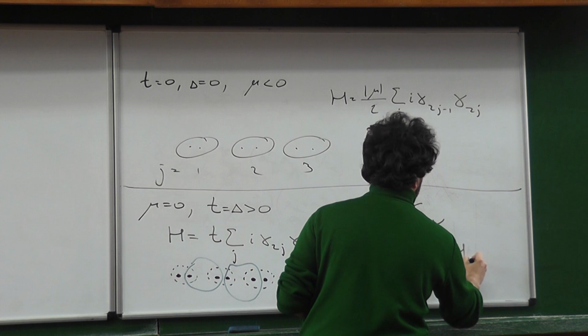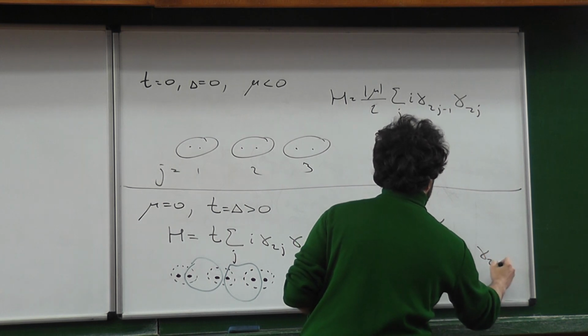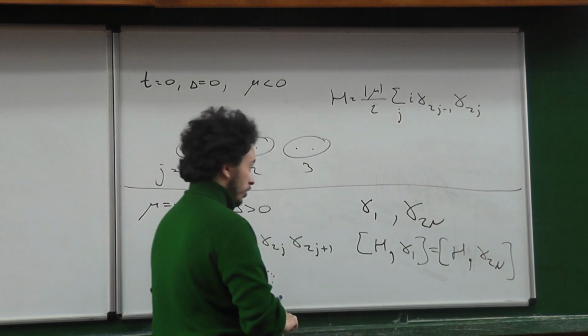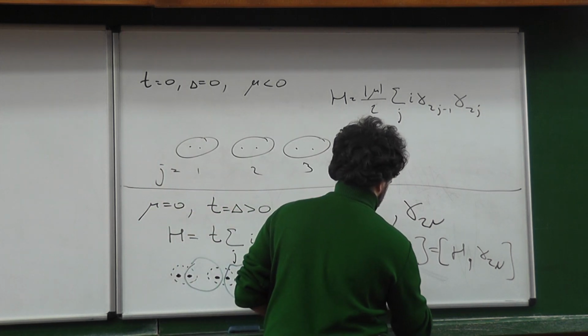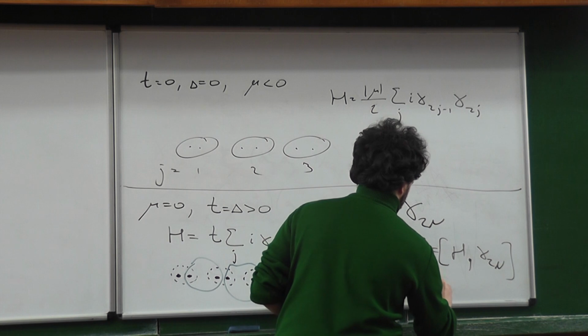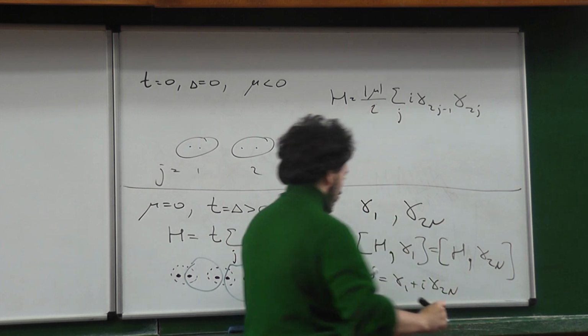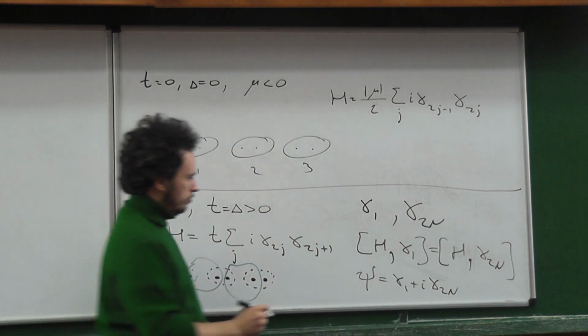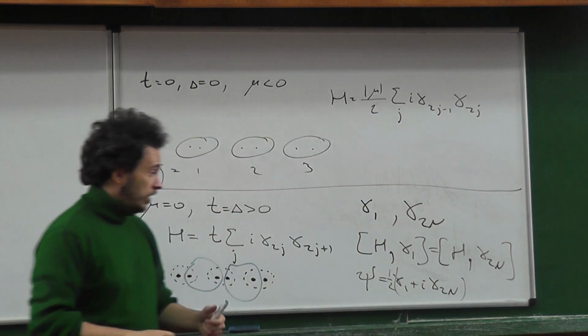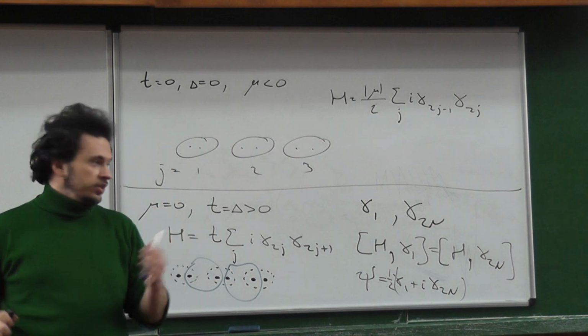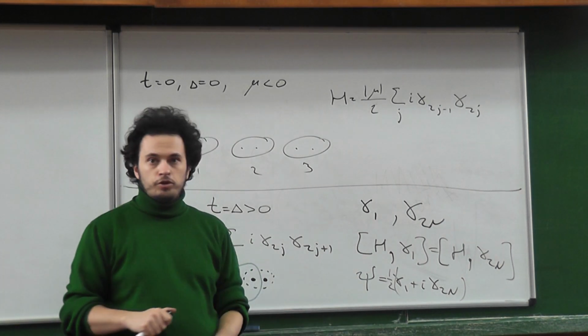They commute with the Hamiltonian. So I can form a fermion out of them, and this fermion operator is going to commute with the Hamiltonian. And therefore, the Hamiltonian does not care whether this fermion is occupied or empty.